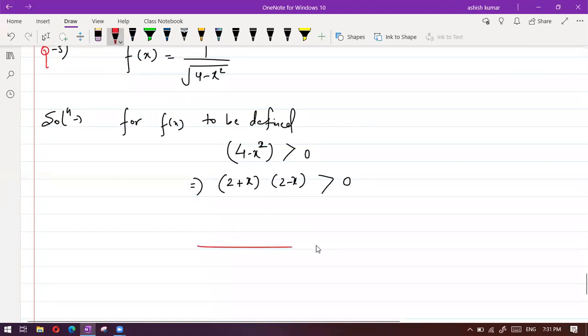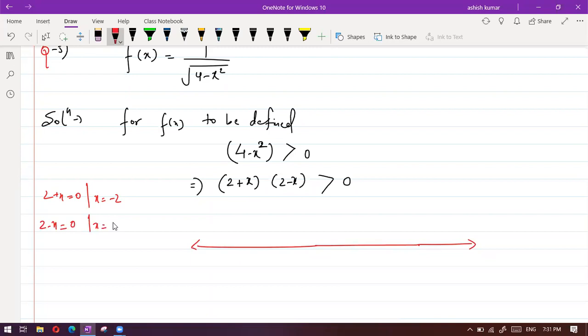So let's come back to the number line. Always the number line will be the diagram which will give your domain. When I find the critical values, putting 2 plus x equal to 0 gives x equal to -2, and putting 2 minus x equal to 0 gives x equal to 2. So the critical values are -2 and 2.